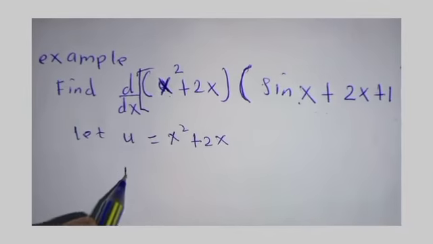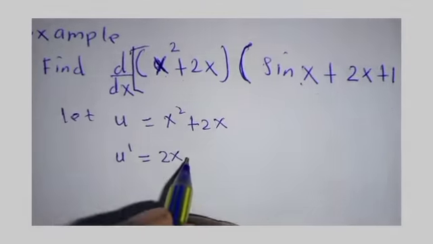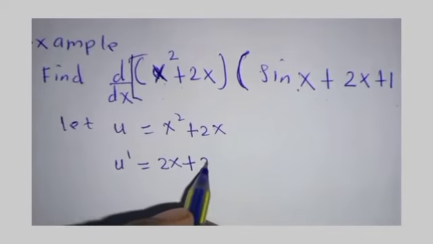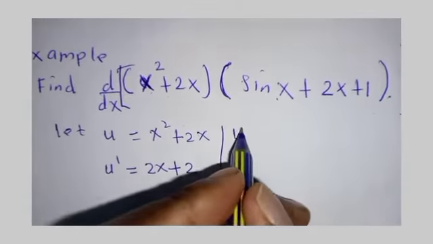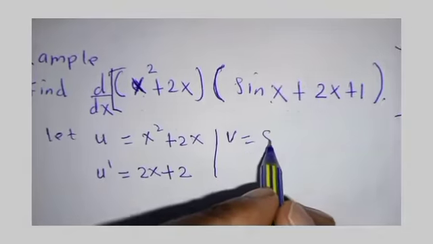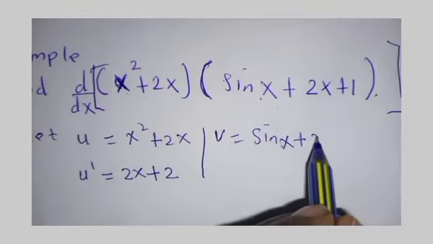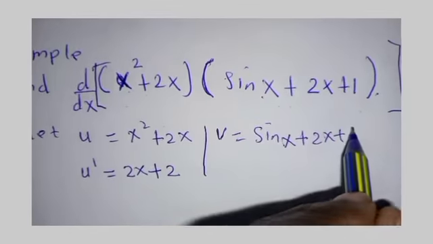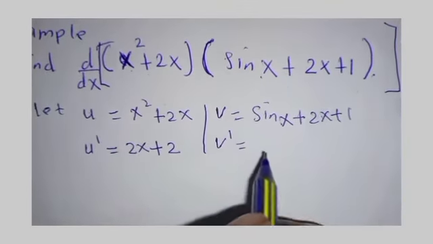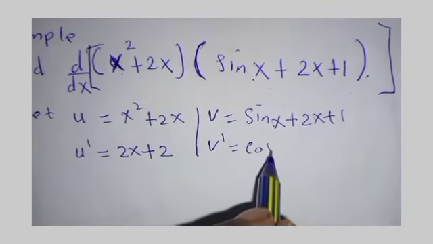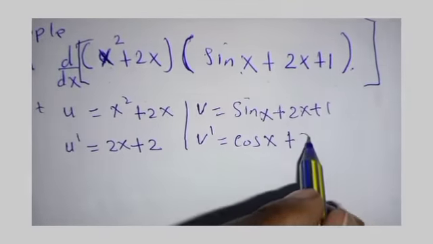Then it means that our u prime will be equal to 2x plus 2, differentiating this. Then we let our v be equal to sine of x plus 2x plus 1. So our v prime will be, when you differentiate sine, it will give us cos of x. When you differentiate 2x, it will give you 2.